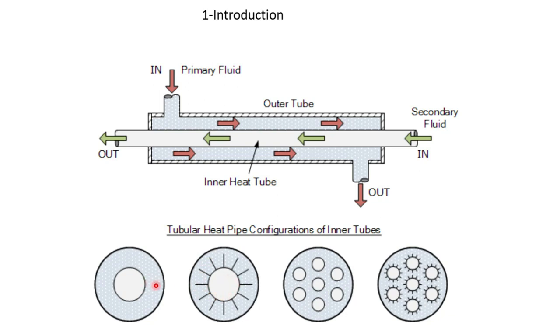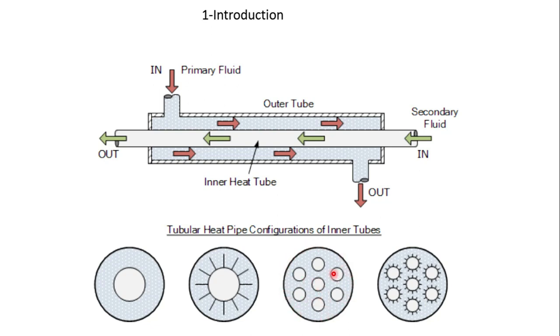So this is a double pipe heat exchanger, and this is a double pipe heat exchanger with extended surfaces or fins on the inner pipe. There may be a bundle of tubes. In the first two configurations, there is only one tube inside the outer tube, and in this configuration there are a number of tubes, or a bundle of tubes, inside the main outer tube, right?